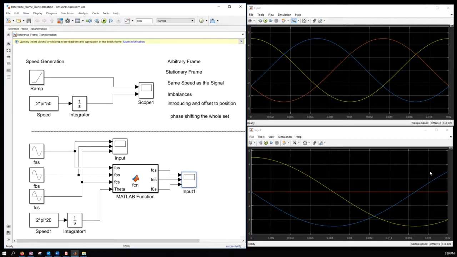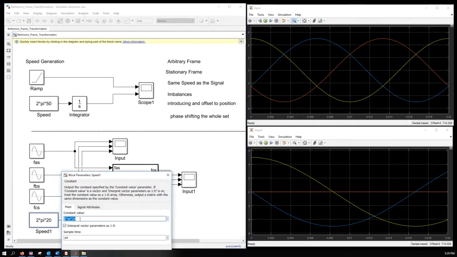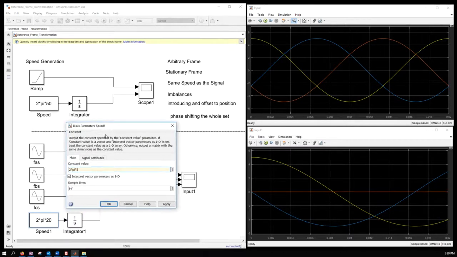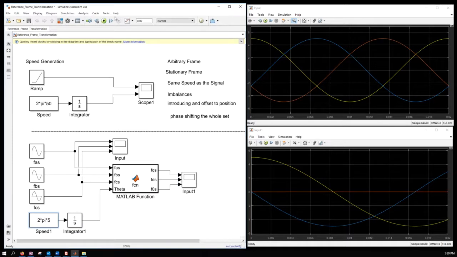Let's actually go further away. We have our signal frequency at 50 hertz. Let's go down to maybe 5 hertz, so we are going away from the signal frequency. Let's see what happens.